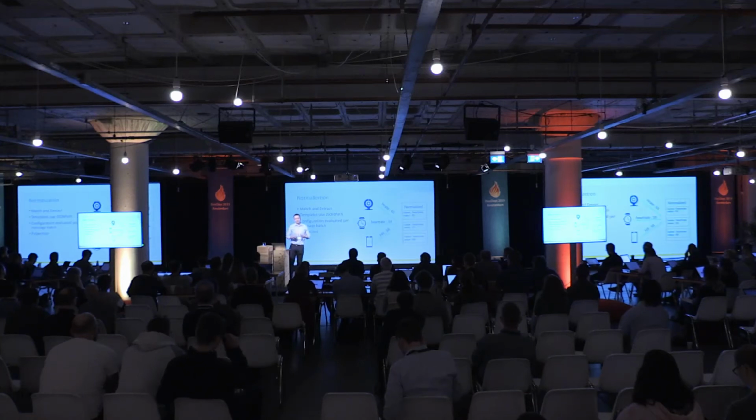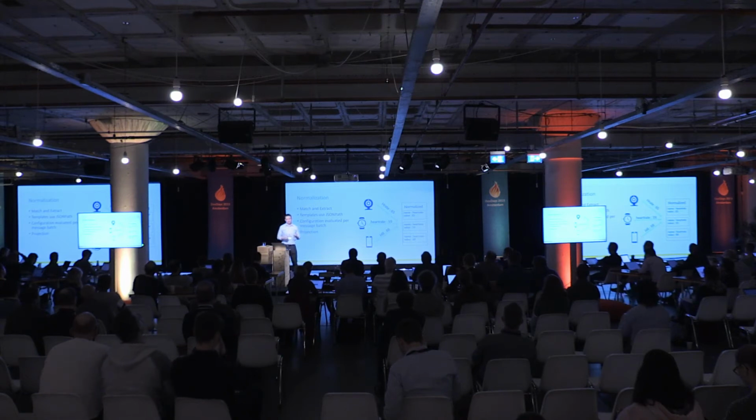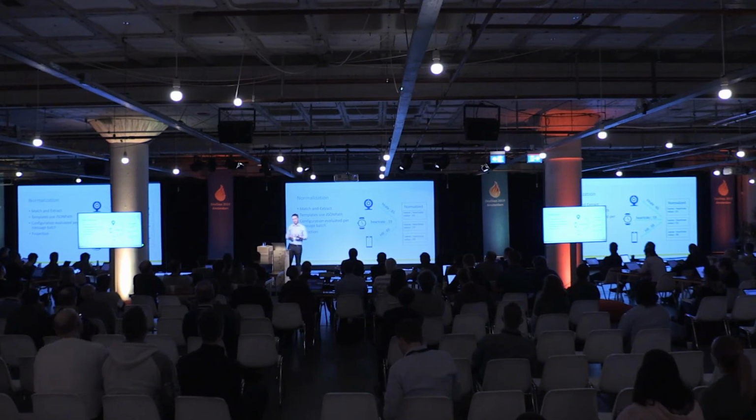So what exactly happens during the normalization step? It kind of breaks down into two things. We match and extract. So the current out-of-the-box implementation is using JSON path for the templates. And what happens as messages are pumping in, we evaluate the templates.